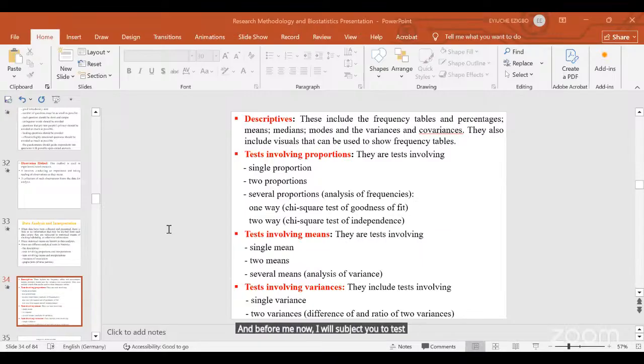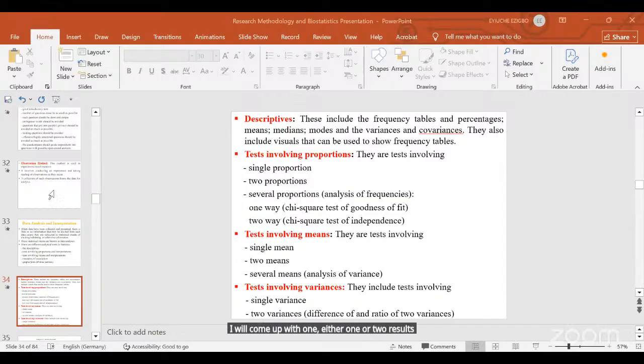And for me now, I will subject it to test. Because the pattern I am testing is that they are all equal, I will now subject the result of the data which I have to this to see if they are all equal. I hope it's clear. By the time I end the test, I will come up with one of two results.